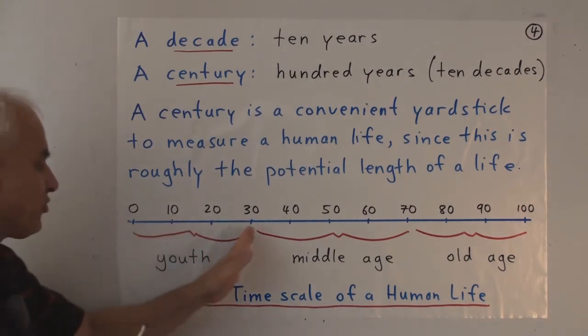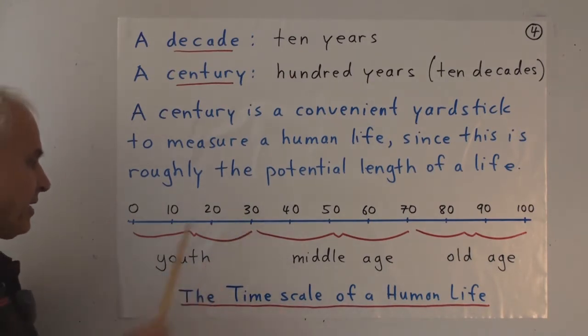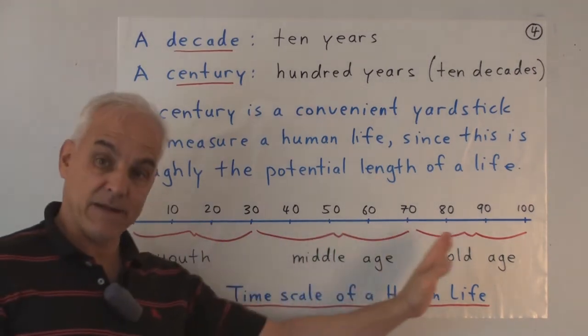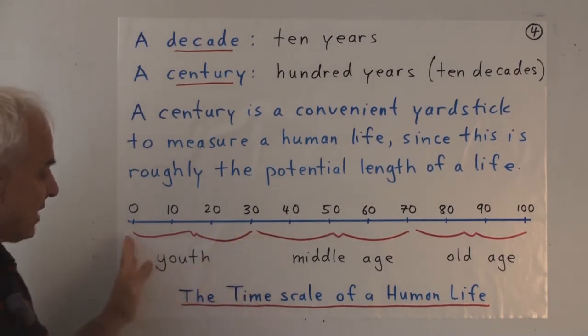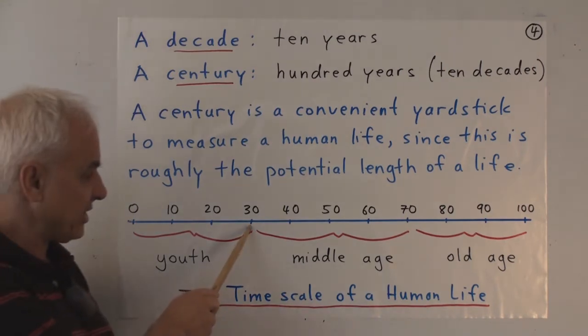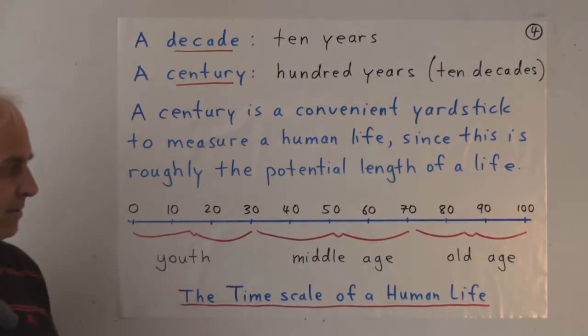It's rather an arbitrary marker here. You might think that 30 is a little bit old to be called youth, but these days, as the life expectancies are increasing, I think it's not too unreasonable to say that youth is the period from roughly birth to 30. And then middle age kicks in, maybe up to around 70.